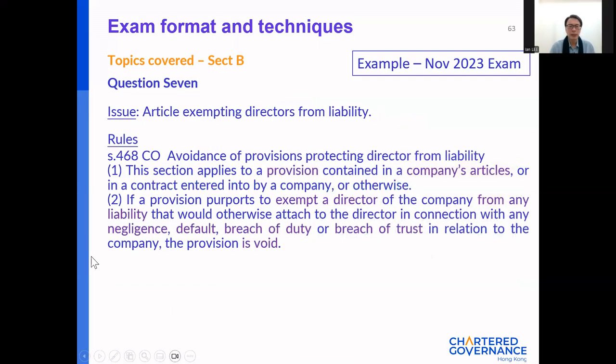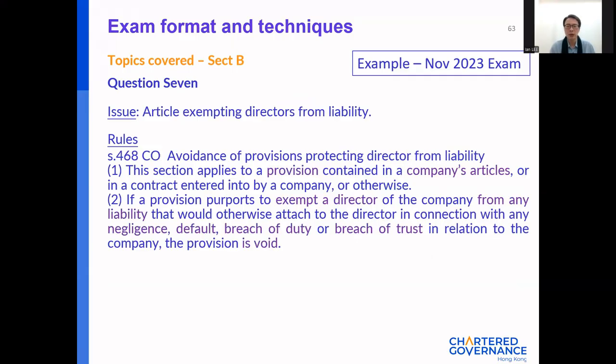Okay, so the first one is article exempting directors from liability. So you recall in the story, it shows the content of the additional clause in the article of the company. It's basically saying no matter what the directors did wrong, they will not be held liable. So let's start with section 465 of the Companies Ordinance.